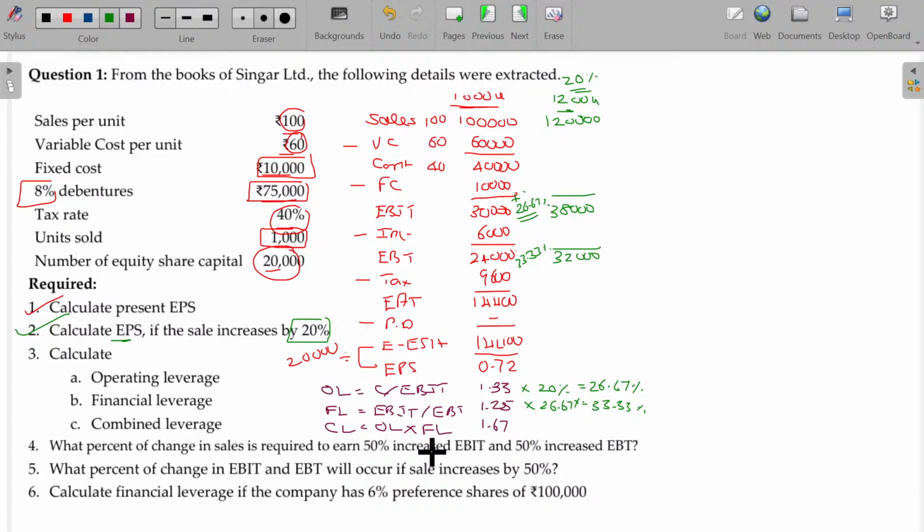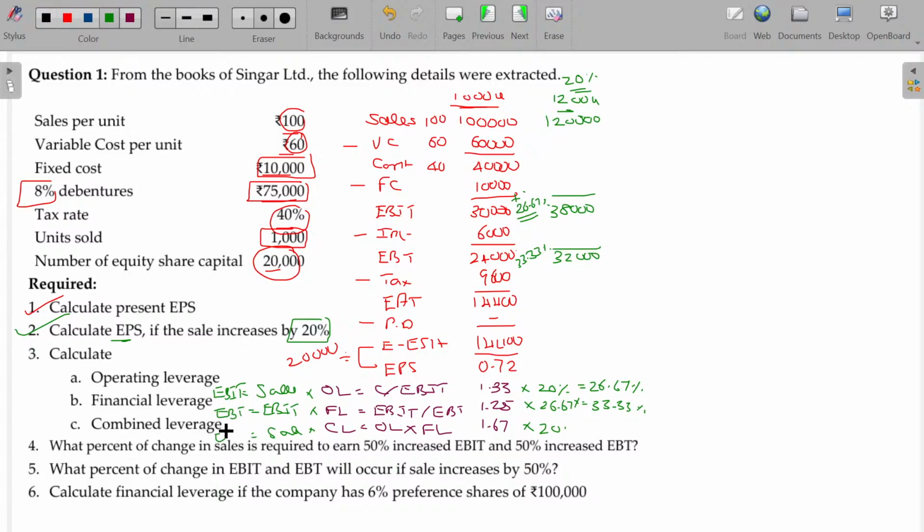Even in the case of operating leverage, it's a connection between sales and EBIT. Sales changes by 20 percentage. So here sales into this one. Here EBT into financial leverage. Here sales into combined leverage. This will give you EBIT. This will give you EBT.